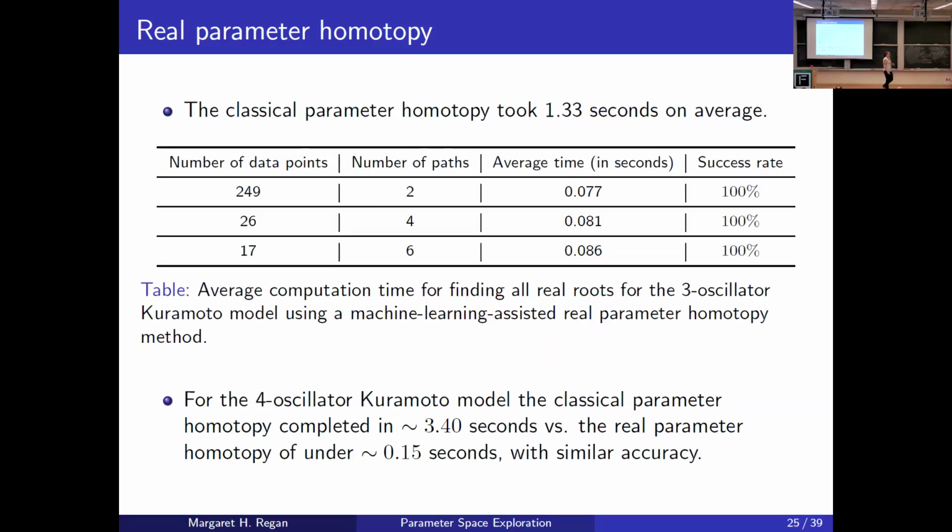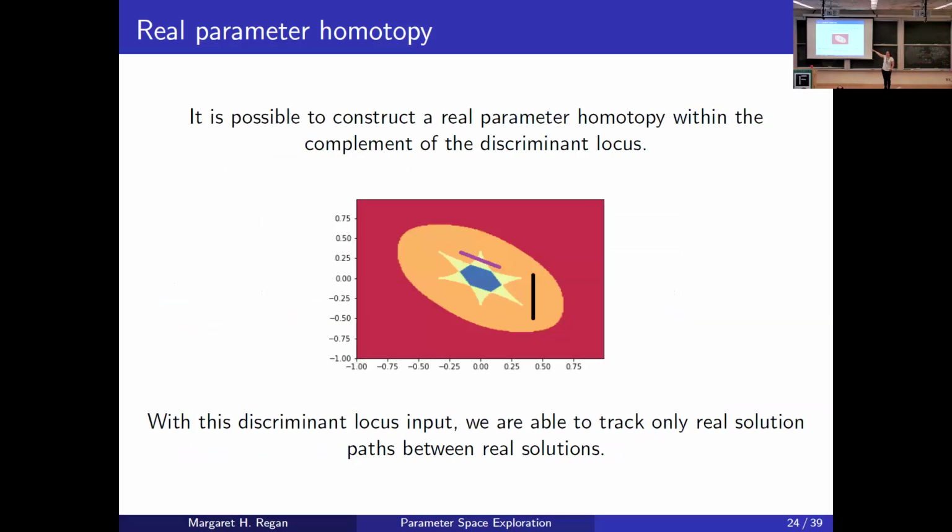And so we tested it on data points that show up in each of these cases, and the time took less than 0.1 seconds in each of these cases. And the success rate was 100%. So what that means is that we never ran into this purple line situation.